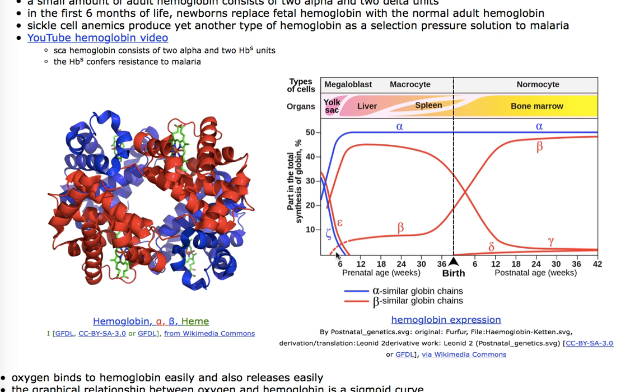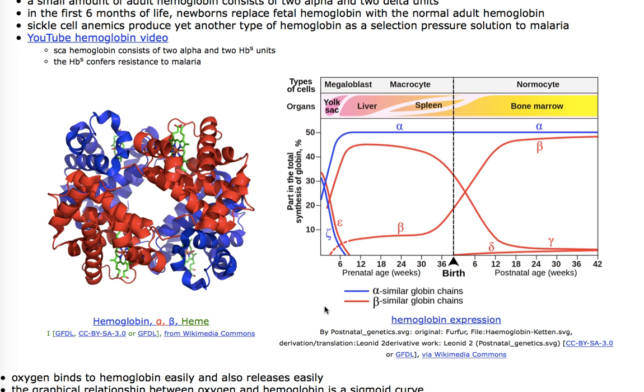So you can see in this graph, babies make lots of alpha and lots of gamma proteins to make basically fetal hemoglobin. Adults make lots of alpha and lots of beta, a little bit of delta. Most adult hemoglobin consists of two alpha and two beta proteins. Most fetal hemoglobin consists of two alpha and two gamma proteins. And this is a great adaptation for a baby to live off of maternal oxygen supplies.